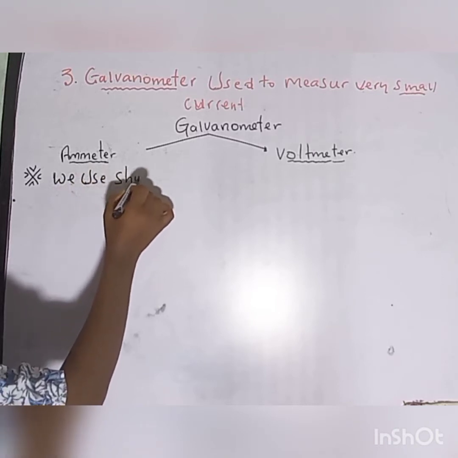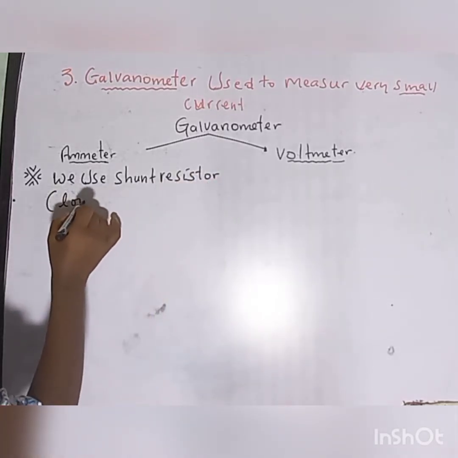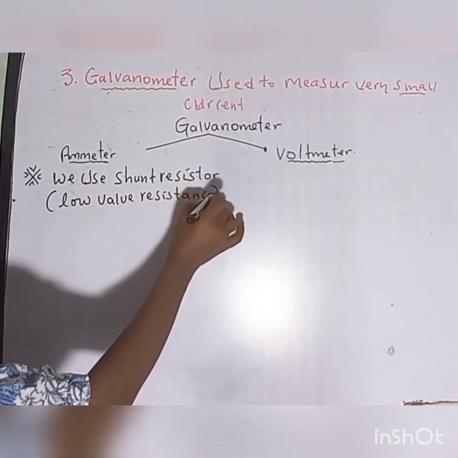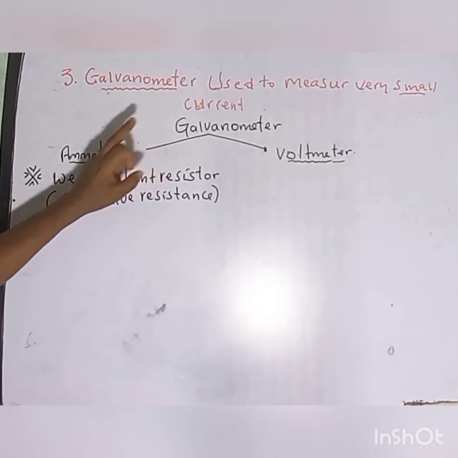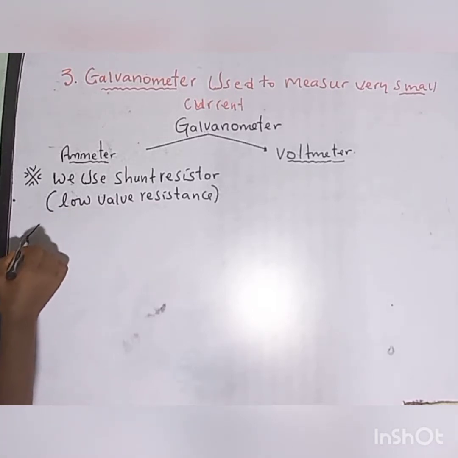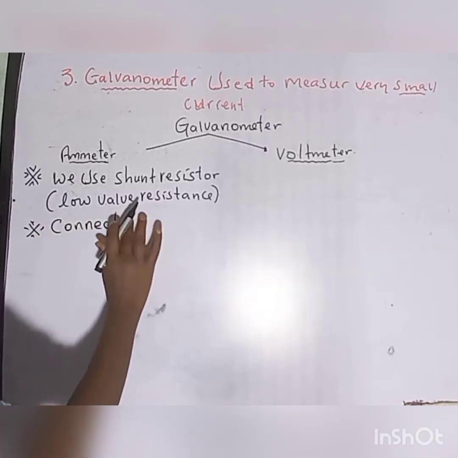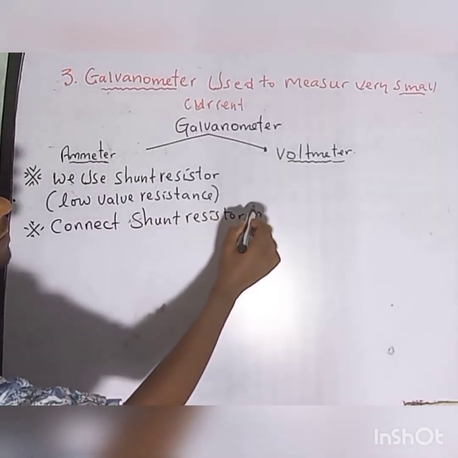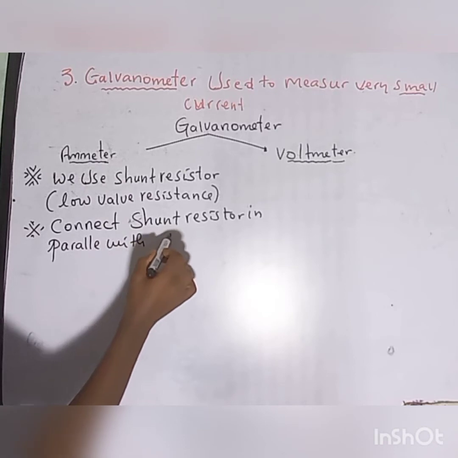A shunt resistor, which is a low value resistance, is connected in parallel with a galvanometer to use it as an ammeter.